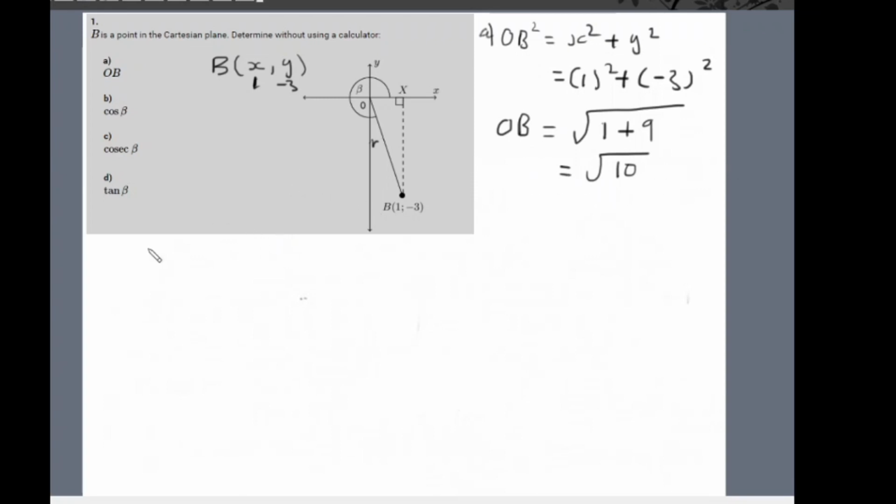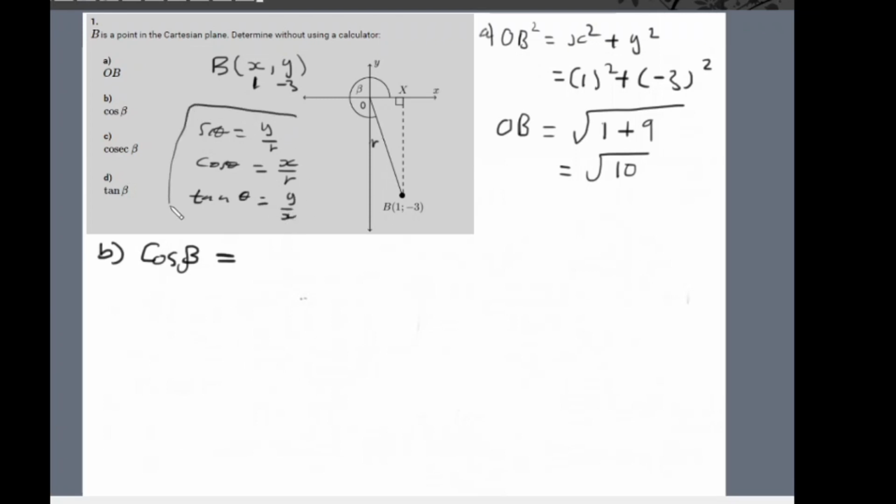And then question B, they want us to calculate cos beta. The way we defined the trigonometric ratios, remember sin theta is equals to y over r, cos theta is equals to x over r, and tan theta is equals to y over x.